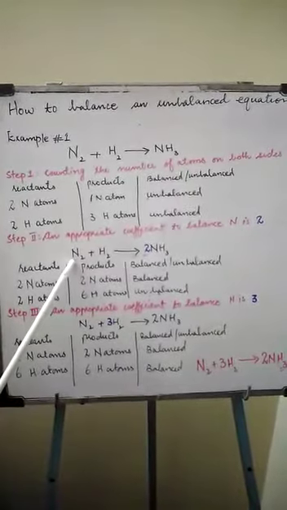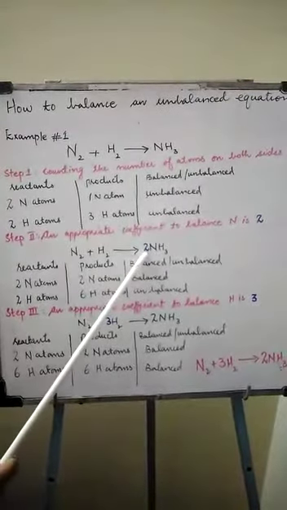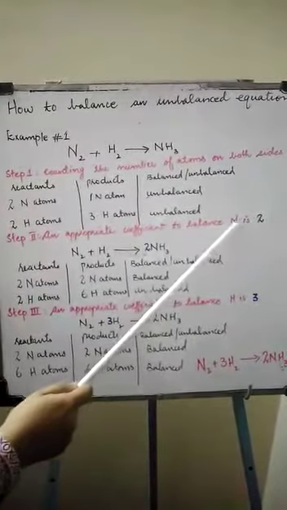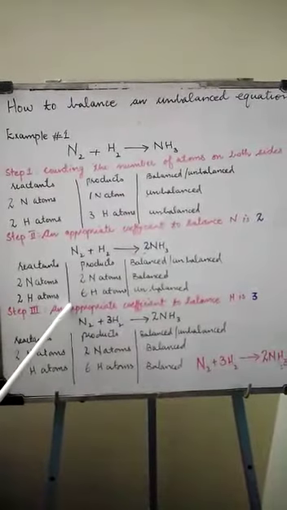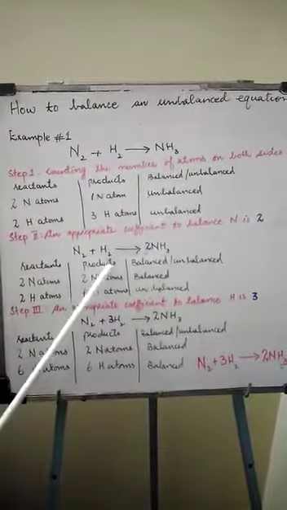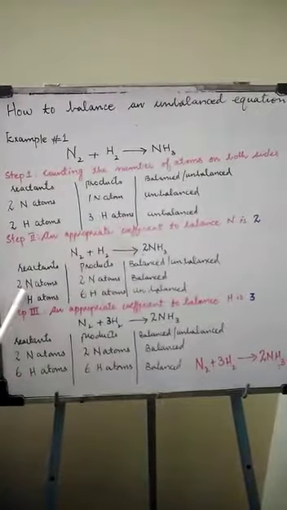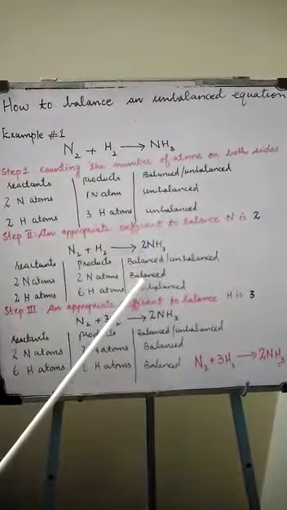So I have written here N2 plus H2 forms 2NH3, because my appropriate coefficient to balance nitrogen is 2. Then again we'll make a chart, reactants, products, balanced, unbalanced. Again, two nitrogen atoms, two nitrogen atoms, balanced.